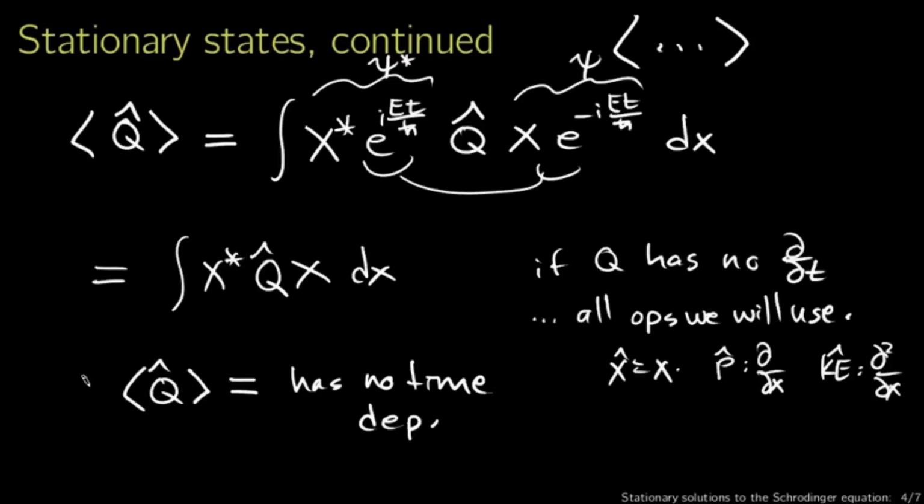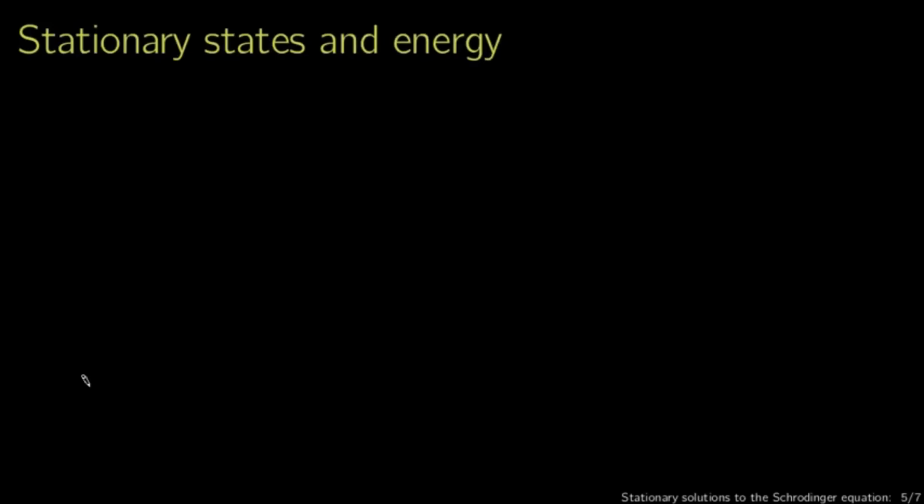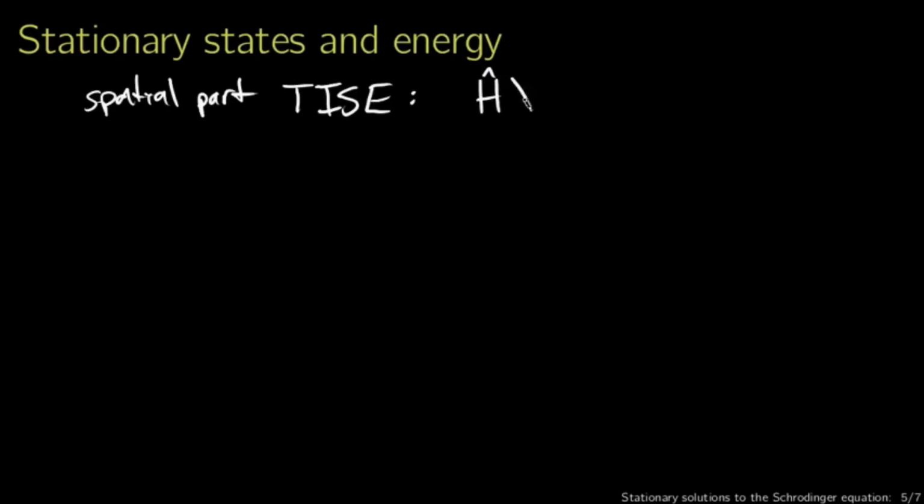The next topic I'd like to address is the energy of a stationary state, which also happens to have a very nice expression. The spatial part of the Schrödinger equation that resulted from our separation of variables was the time-independent Schrödinger equation, which could be written simply as the Hamiltonian operator acting on the spatial part of the wave function equals the separation constant E times the spatial part of the wave function.